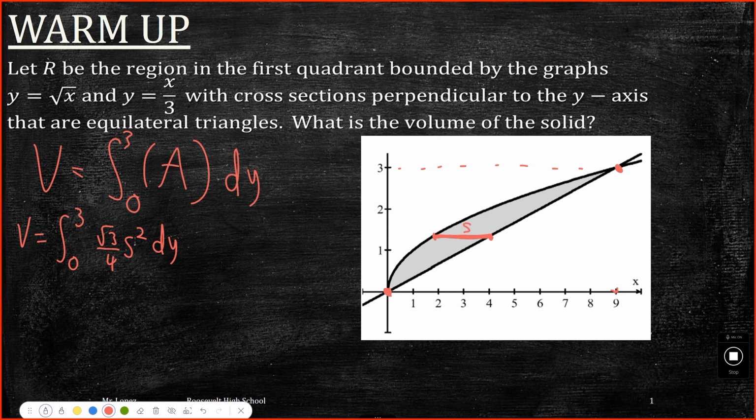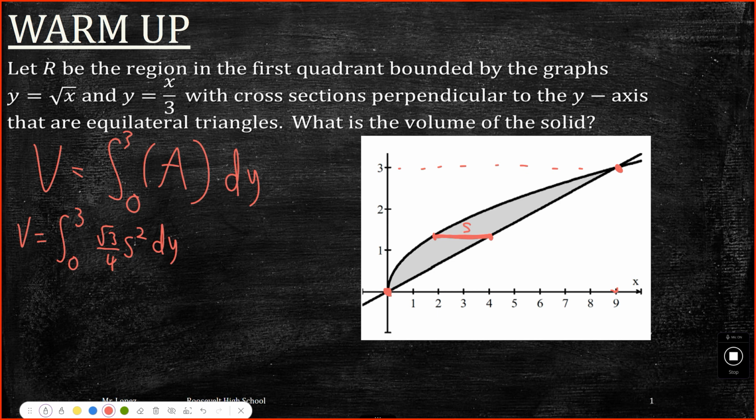Because it's always the right minus the left, no? So it's going to be the line minus the square root thing, but it's in terms of y. Everything in terms of x? No, in terms of y, because we're doing dy, so everything has to be in terms of y.